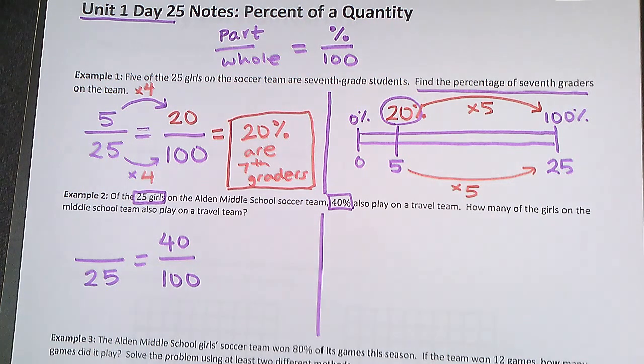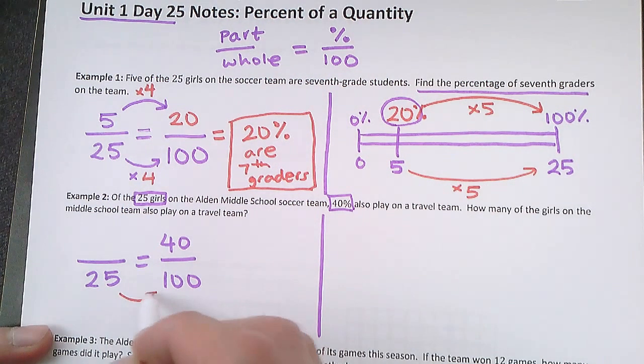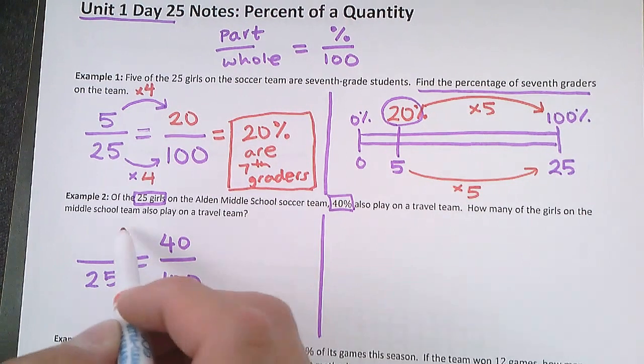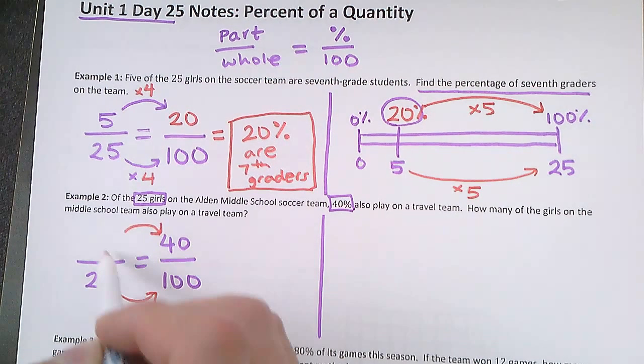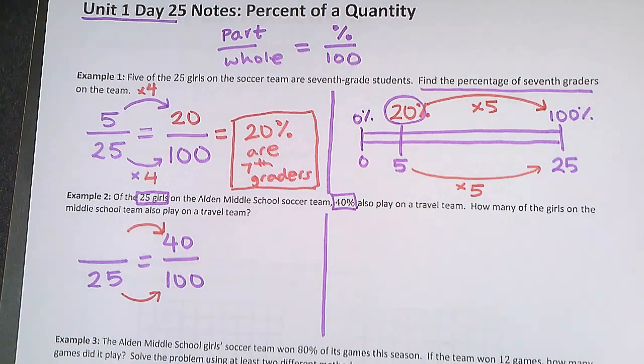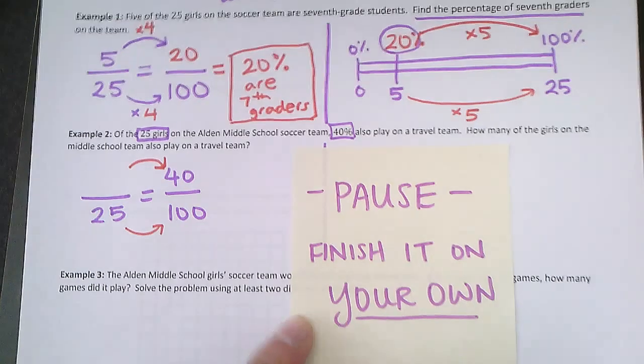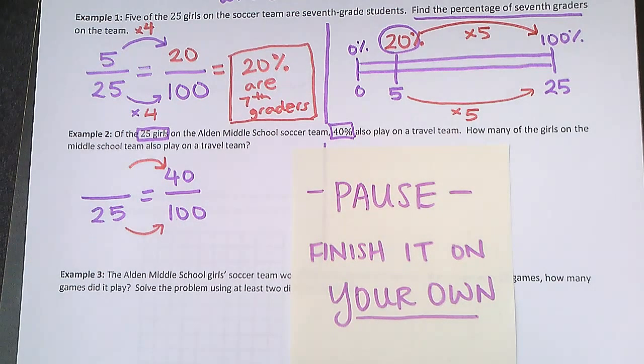And so I check what number do I have to multiply to get from here to here. I multiply by that same number to get to 40. At this point, I want you to pause the video and finish this on your own. Do that now.